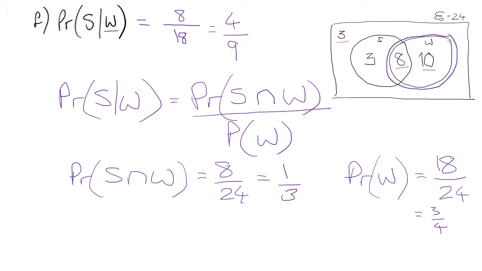And then, the only possible downside of this one is remembering how much everyone loves dividing fractions here. We've got to be a little bit careful. So the probability of S given W, so it's the probability of the intersection, which is 1/3, over the probability of W, which is 3/4. Now, remembering when we're dividing fractions, we go 1/3.